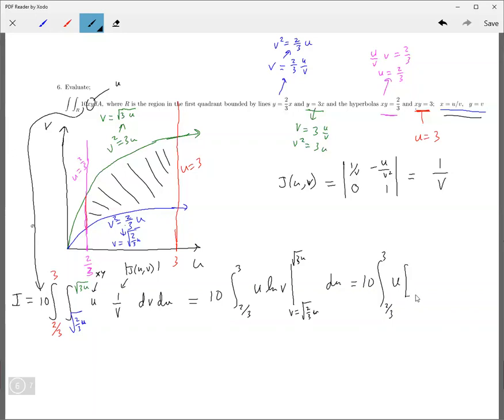Then we're going to have u times the log of this. Now let me do a little thing right here. The log of the square root of 3u is the same as 1/2 the log of 3u. And likewise, this is 1/2 the log of 2/3 u.